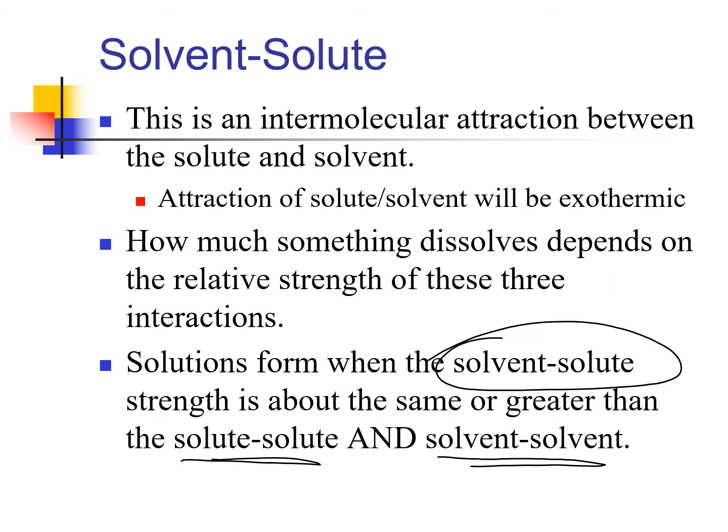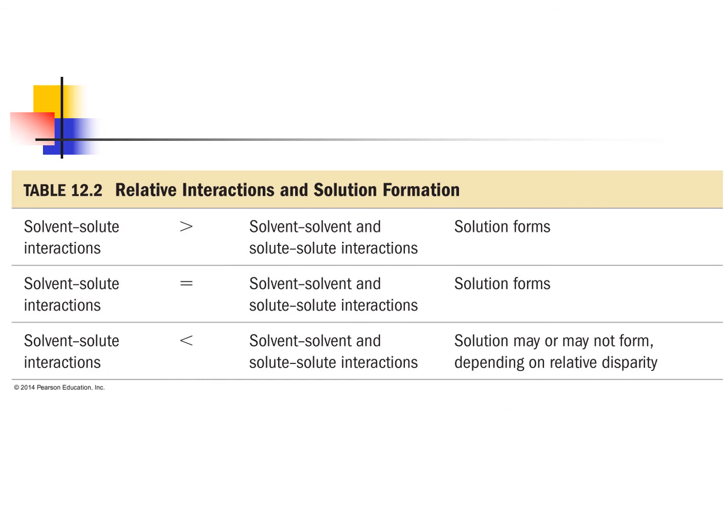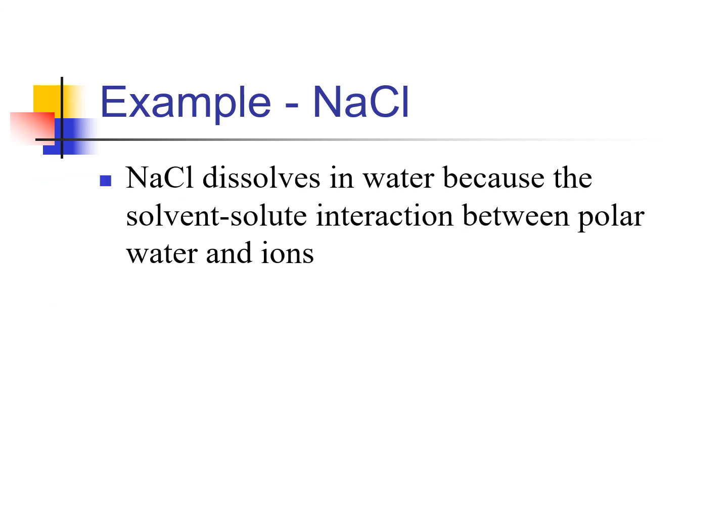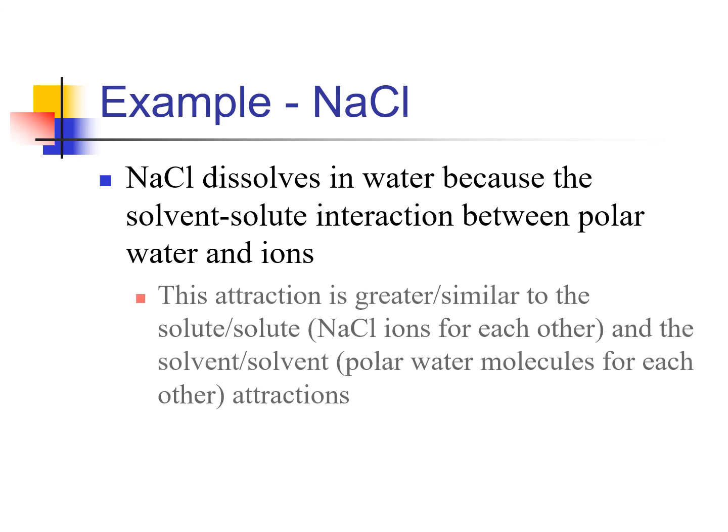Now, to do this, you have to analyze the types of intermolecular forces present. And that's what we see here. You can pause if you want. So let's look at sodium chloride. Sodium chloride is going to dissolve in water because of the solvent-solute interaction between polar water and the ion. So it's a dipole-ion interaction.